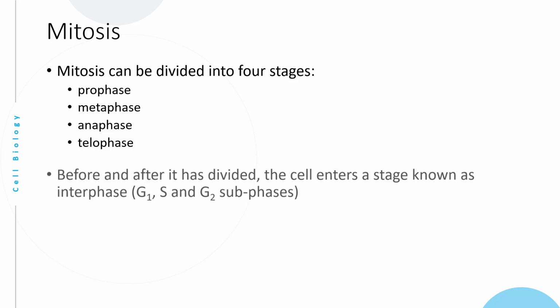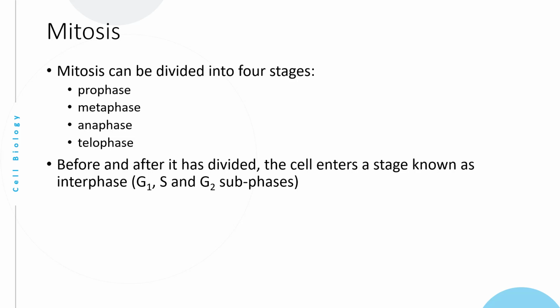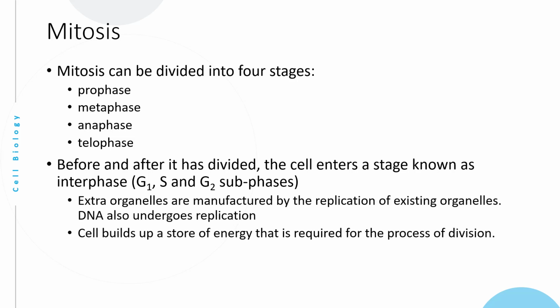Now, cells before and after these mitotic phases remain in a stage called interphase. During these subphases, extra organelles are manufactured, DNA undergoes replication, the cell builds up a store of energy that is required for the process of division. So everything is duplicated before the cell will commit to mitosis.